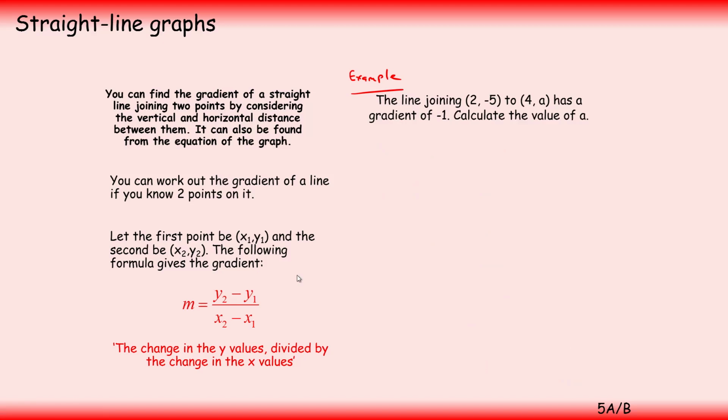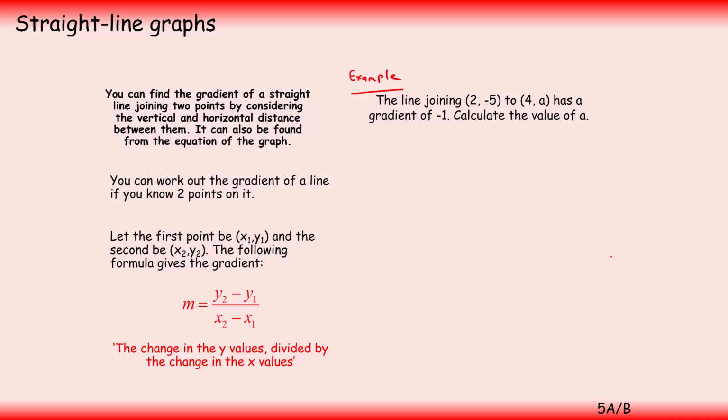Right, here we've got a different type of example. It says the line joining 2, minus 5 to 4, a has a gradient of minus 1. Calculate the value of a. Right, so same sort of thing again.